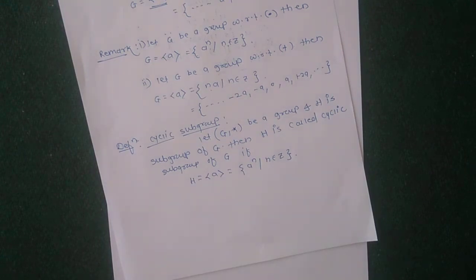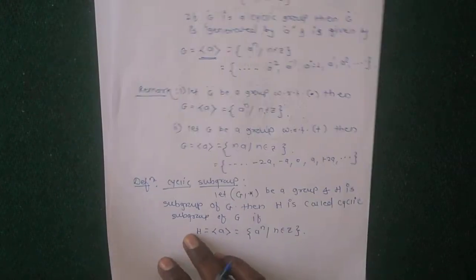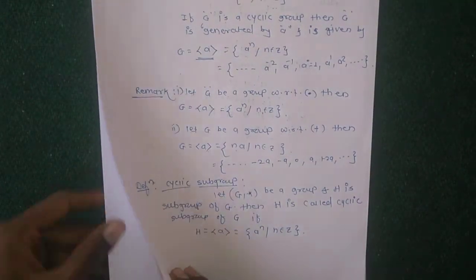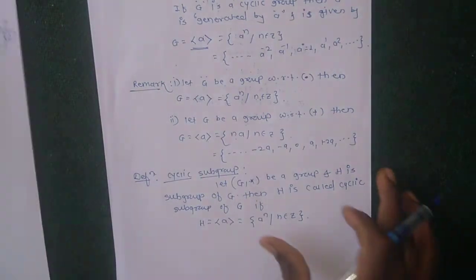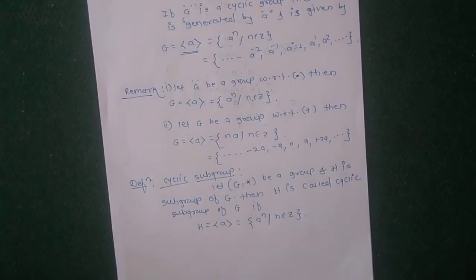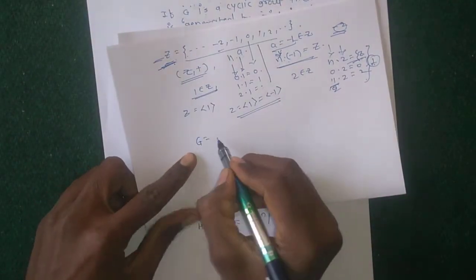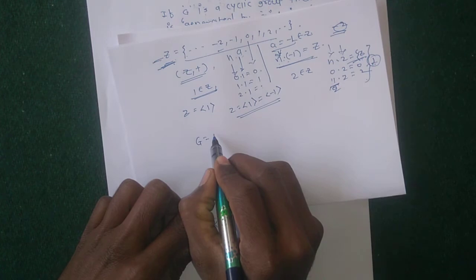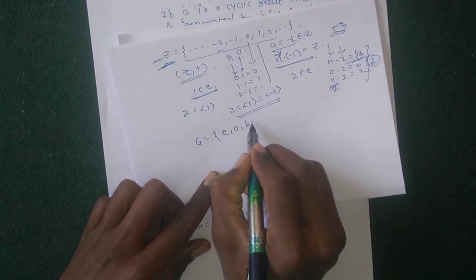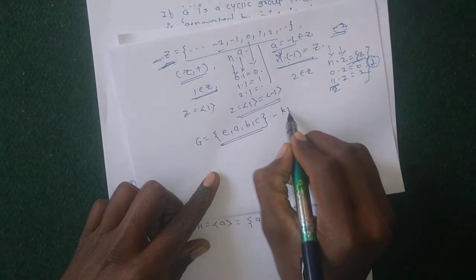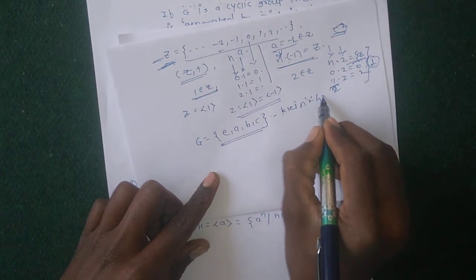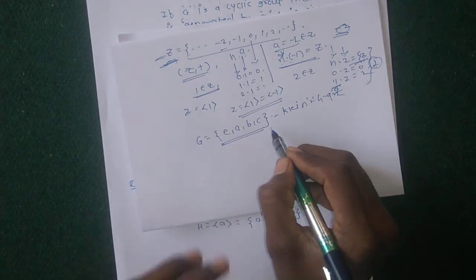How do we prove a cyclic subgroup of G? Suppose we choose an example. Suppose G equals E, A, B, C. This is the Klein 4 group, a group with respect to multiplication.